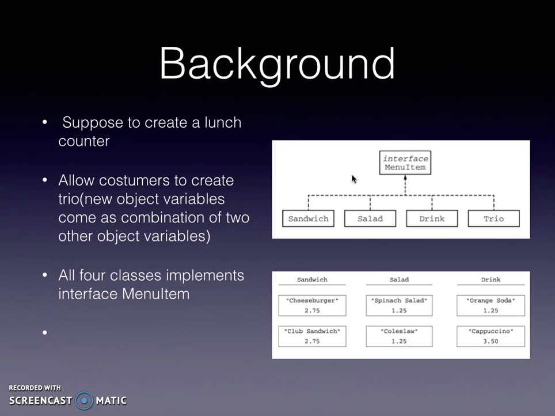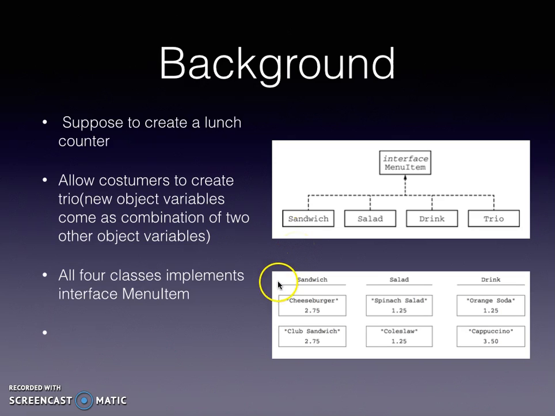The College Board information also says it allows customers to create the Trio object variable, which is a combination of 2 objects from the 3 other classes, the ones with the lower price values.